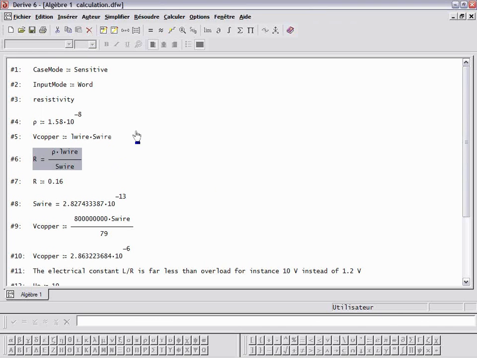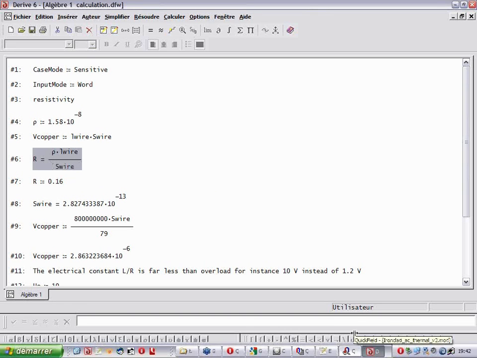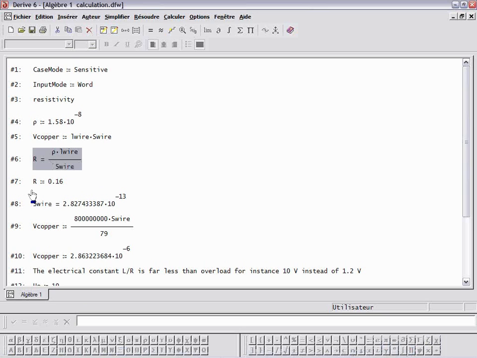So I use the following formula. The volume of copper is the length of the wire times its surface. And also we know that the resistance of the winding is the resistivity times length divided by surface.